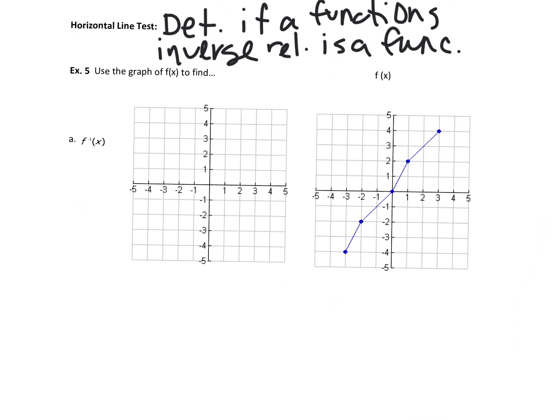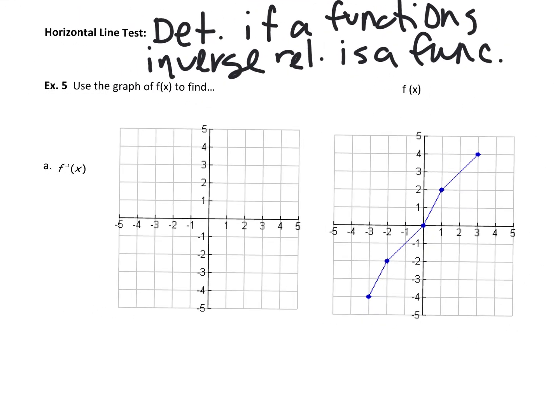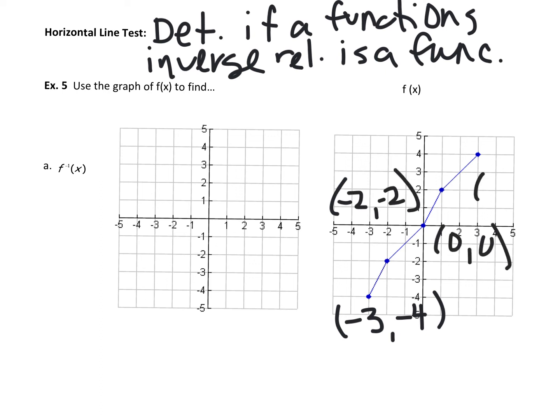Okay. So now this part we're looking for, find the inverse function of this non-algebraic graph. We just have coordinates. So in this case, first let's just go and list the coordinates. There were two methods that I gave you in terms of graphing these.